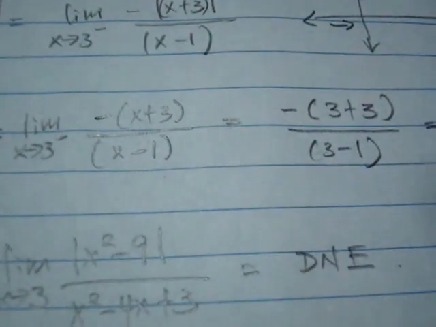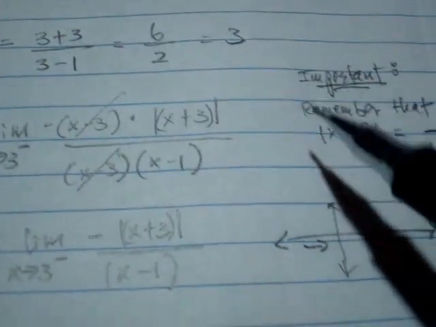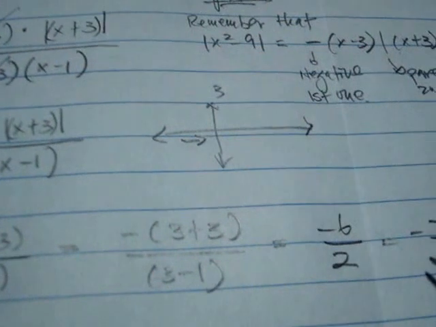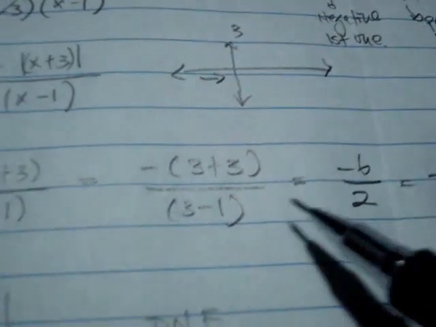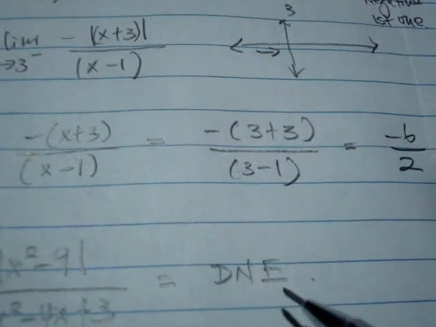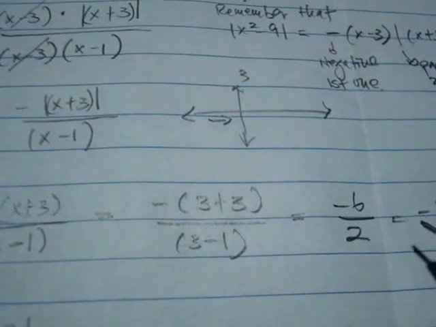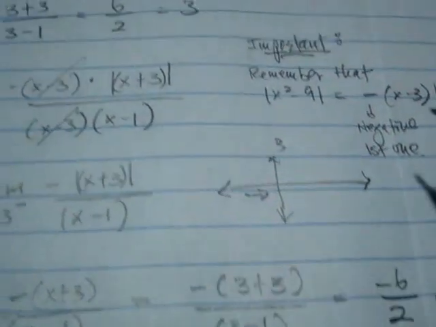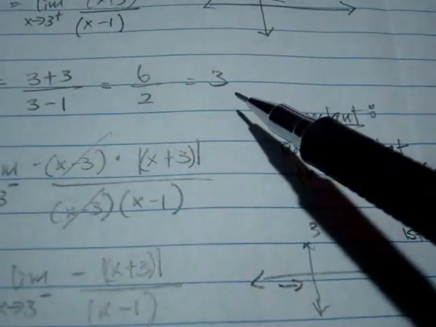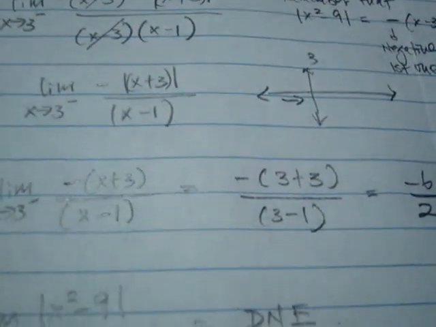So for this given expression, the positive limit will be 3 and the negative limit will be negative 3. And as for this given expression, the answer will be does not exist. So every time you solve a problem and get a negative number from one side and a positive number from the other, it is an indication that the limit doesn't exist.